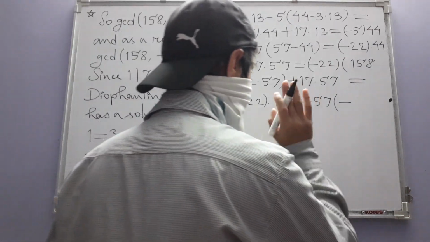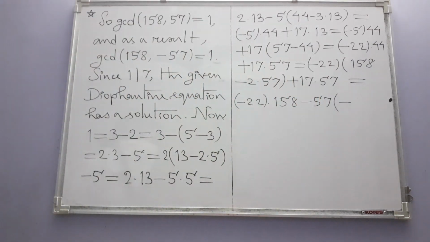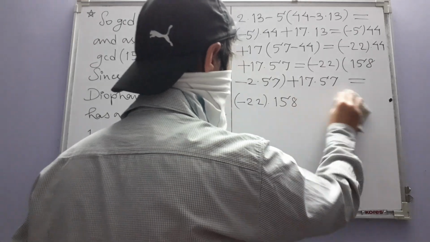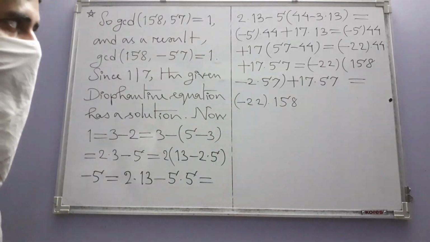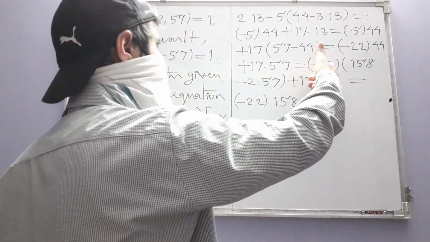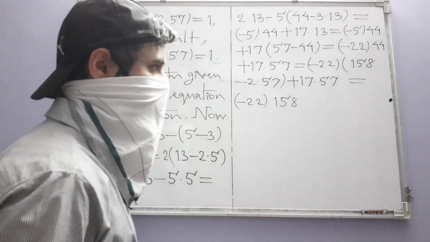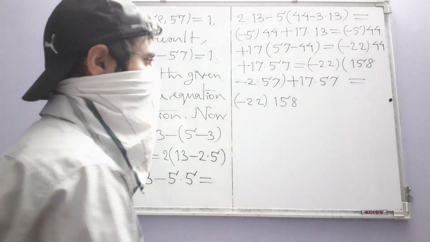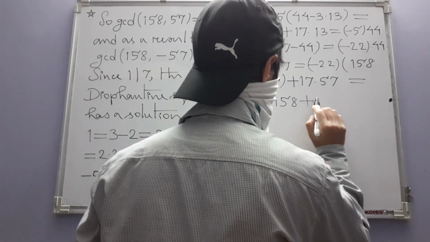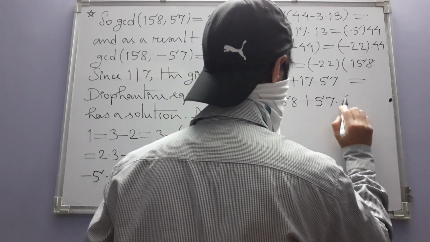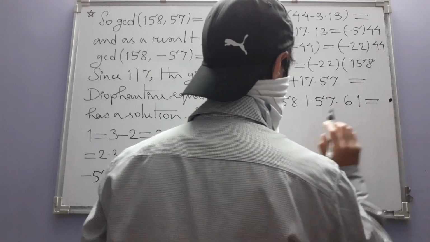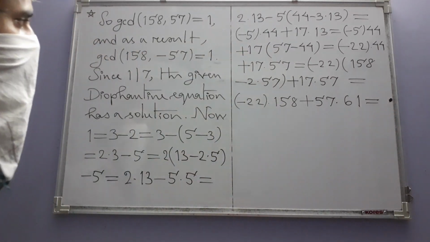Okay, let me write two lines instead of writing just one. This will be plus 44 plus 17 is plus 61. But that's not how we have our original equation.